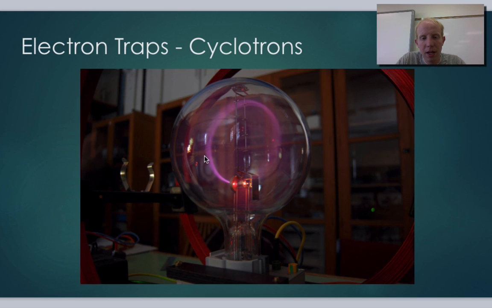In a cyclotron, you put a magnetic field through, and then you put a special gas in there that lights up as the electron passes through, and you can determine from the radius how strong the magnetic field is. That's how they measure magnetic fields. Basically, they look at where the electrons are circling, or sometimes they have sensors that see where they hit, and they can determine how much it's bending.